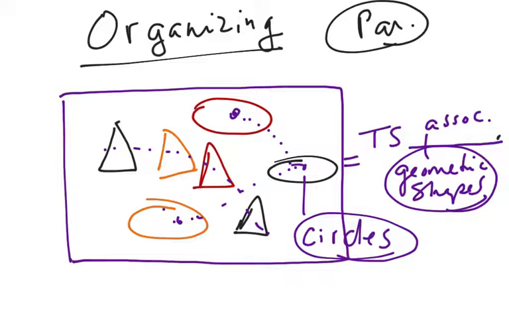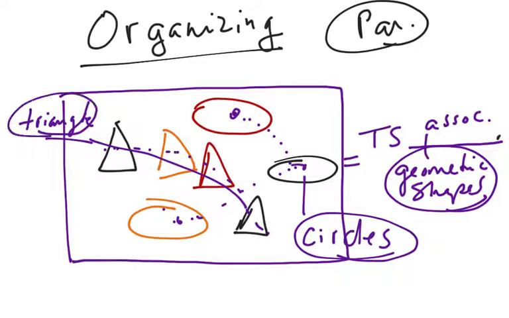And then I'm going to attach the word triangle to those pieces of evidence. That's the associative idea, that these four pieces can be grouped by. So inside the paragraph, the topic sentence on geometric shapes, I have a section that I'm going to talk about circles, and then a section I'm going to talk about triangles.